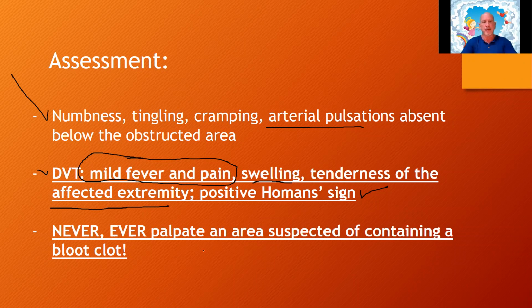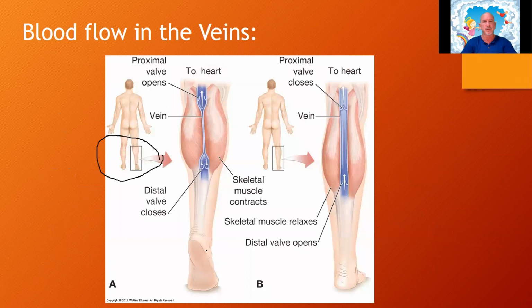Now I'm going to go back here for just a second to show you something. Every once in a while, you hear of them talking about putting an umbrella in the leg. If somebody has a tendency to get clots in their leg, up here in the femoral area, they will put a little basket looking thing, kind of looks like this, and it's got a screen on it.